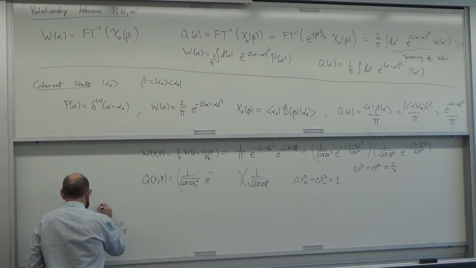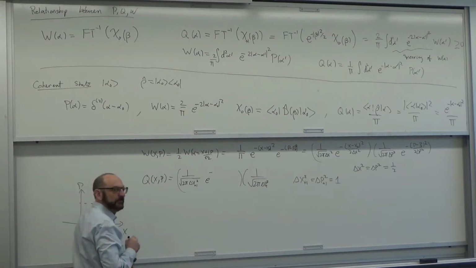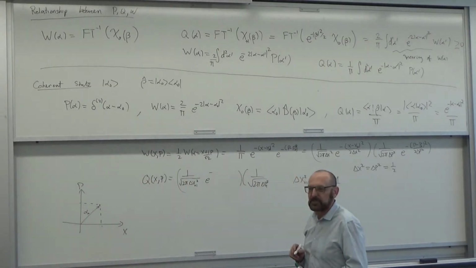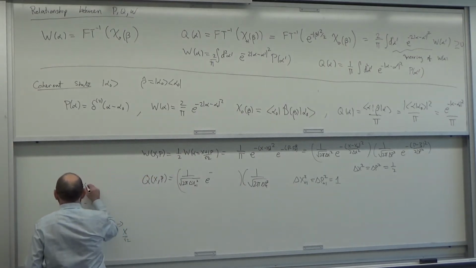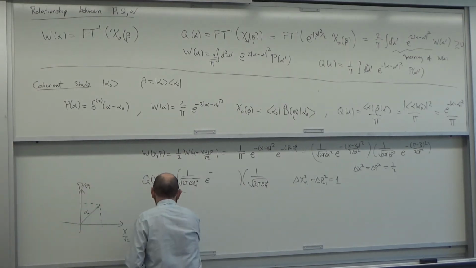Well, the P function is a delta function. Can't even draw it. It's a point in phase space. Okay. What about the Wigner function?